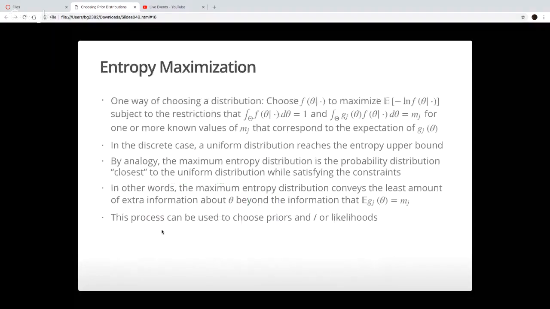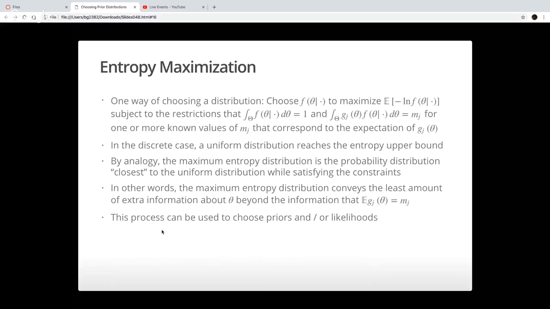Entropy maximization. So another older principle of choosing a prior distribution is, well, choose the PDF for the unknown parameter, conditional on whatever information you have, to maximize the expectation of the negative logarithm of that PDF, subject to the constraints that the PDF has to integrate to 1, and one or more constraints that the expectation of some function g is known.